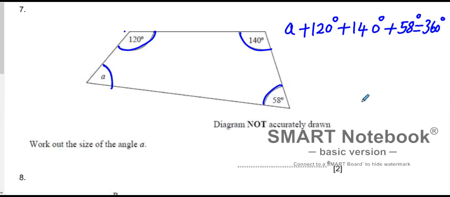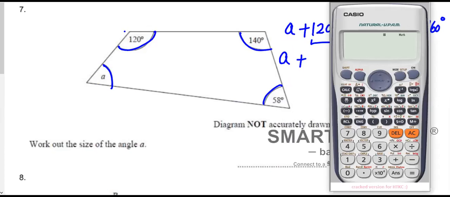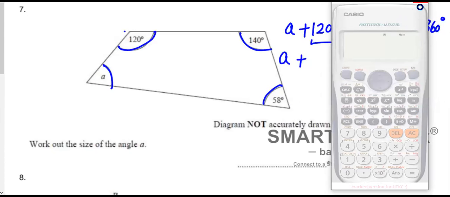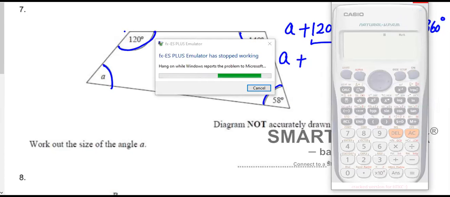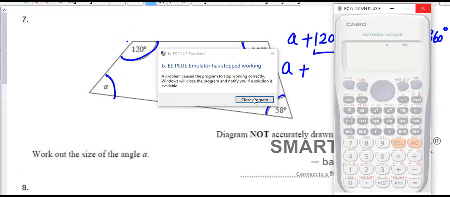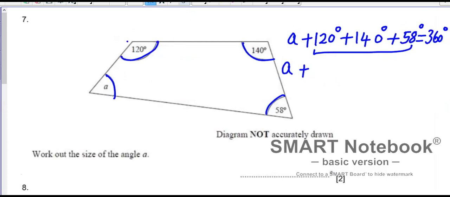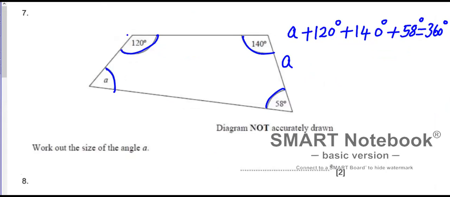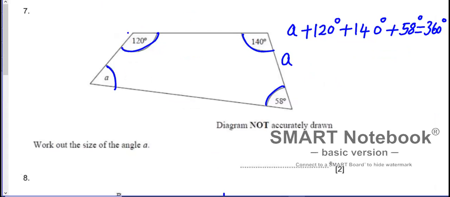Collecting like terms, we find that A plus, now you have to take a calculator and add all those numbers on the left-hand side of the equation.